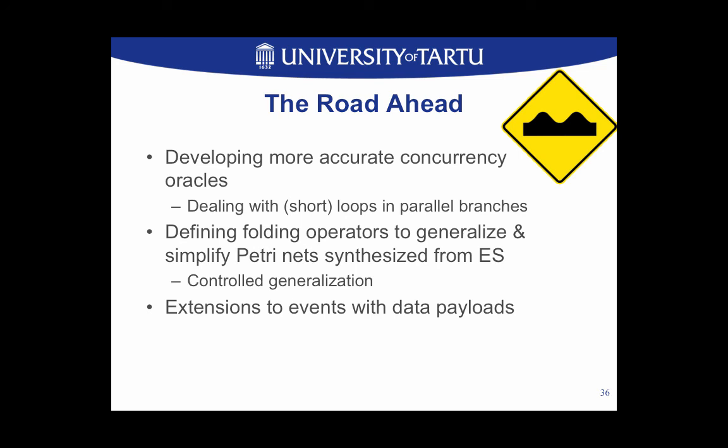One of them is that when we synthesize an event structure from a log, we rely on this notion of a concurrency oracle, something that inspects the log and tells me these 2 events are in parallel, are independent. There are lots of concurrency oracles in the literature. Unfortunately, we still need a few more because they are far from perfect.